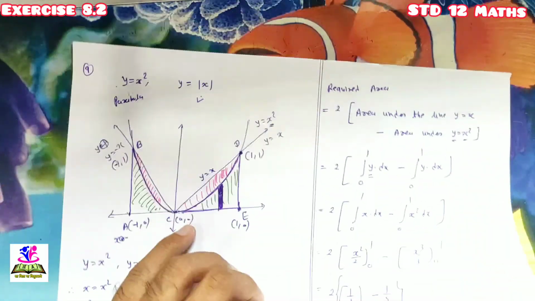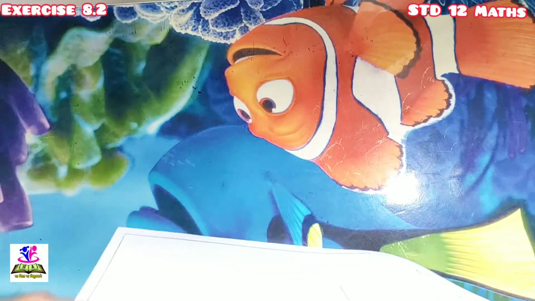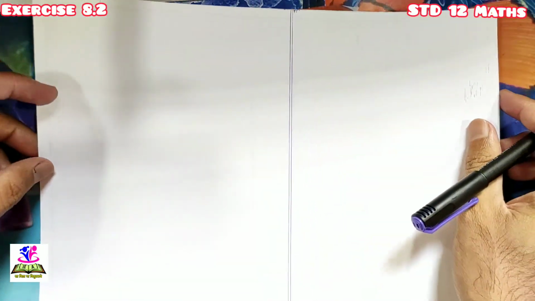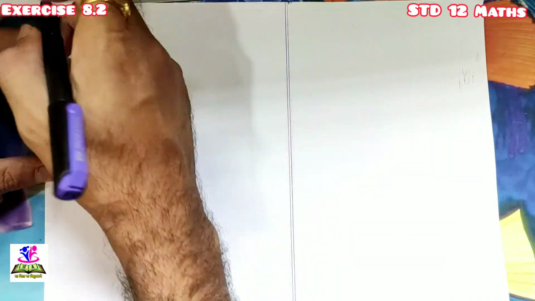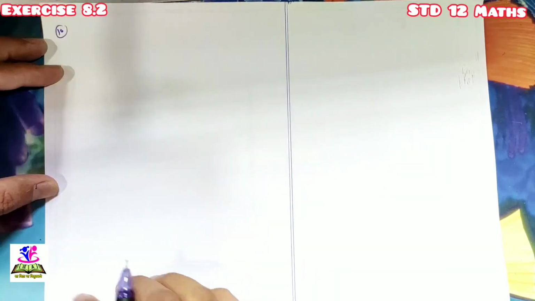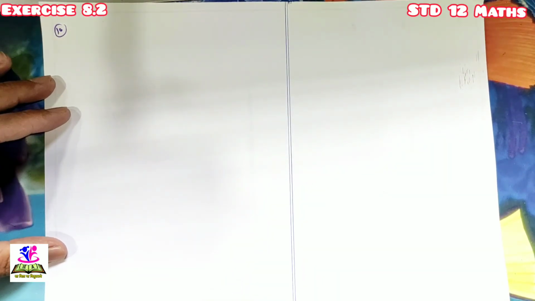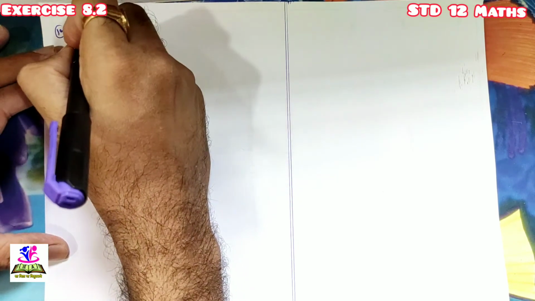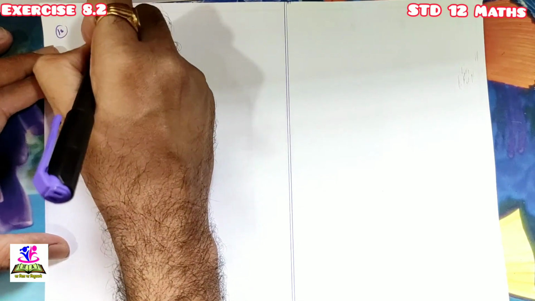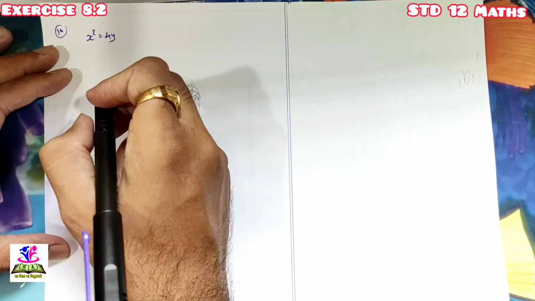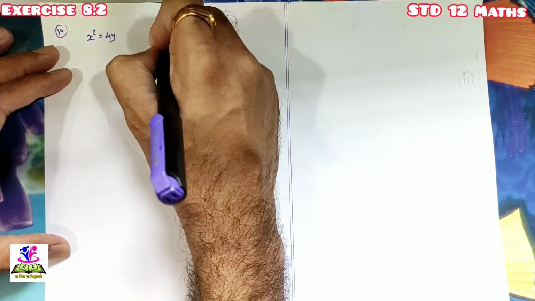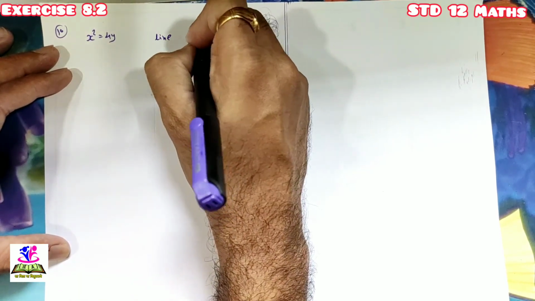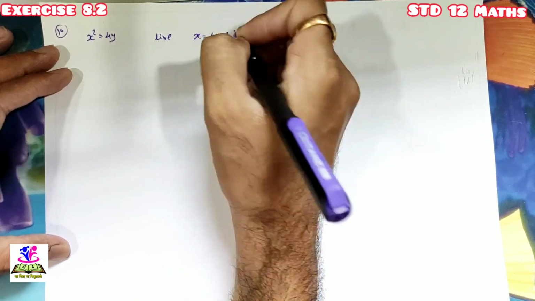Now question number 10. फटाफट देख लो, चलो इसकी डायग्राम समझ में आ जाए तो सब हो जाएगा. Here you have to find the area bounded by the curve x square equal to 4y, and the line x equal to 4y minus 2.